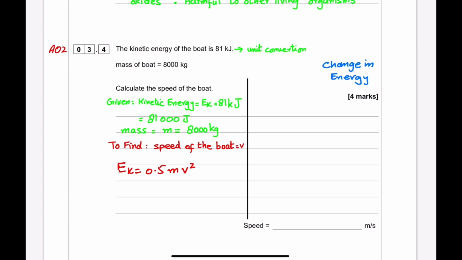The energy is given, we're going to substitute here. We need to put the mass which is given here, and we need to find the value of v. By substituting the value, we have 81,000 equals 0.5 times 8,000 times v squared.